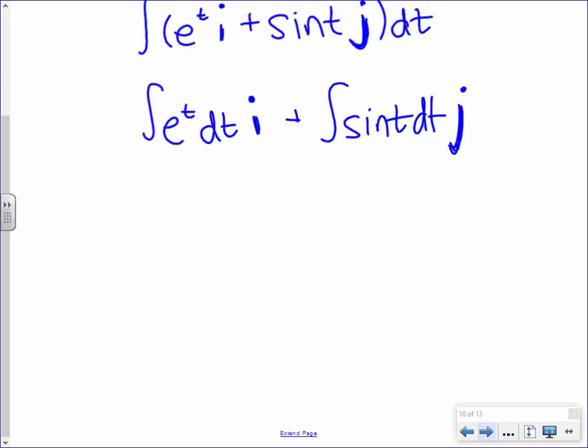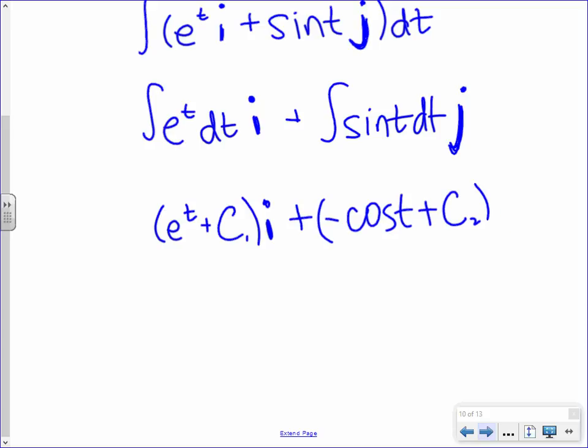Okay. Do we use the plus C? Well, yes, but we haven't taken the antiderivative yet. So the antiderivative of e to the t is e to the t plus c. I'm going to put it as c1. Okay, so you can separate the two. Antiderivative of sine of t is negative cosine plus c.